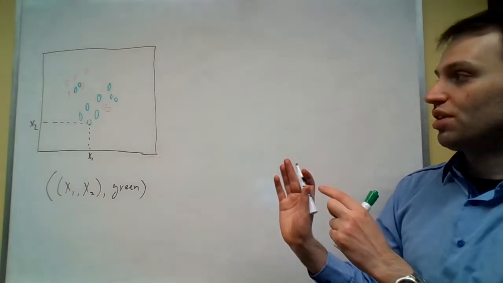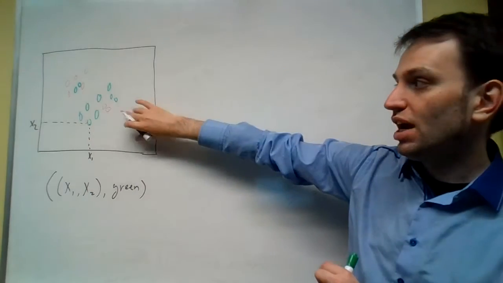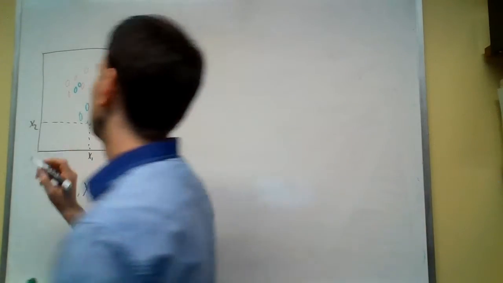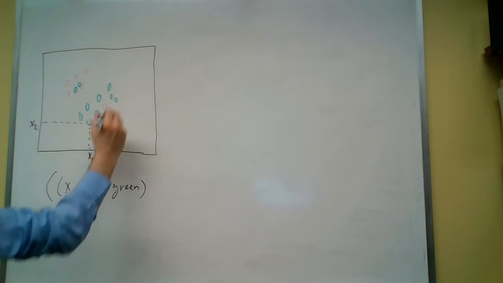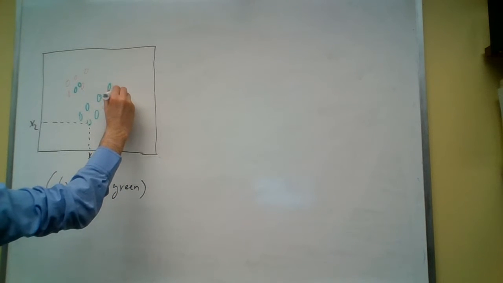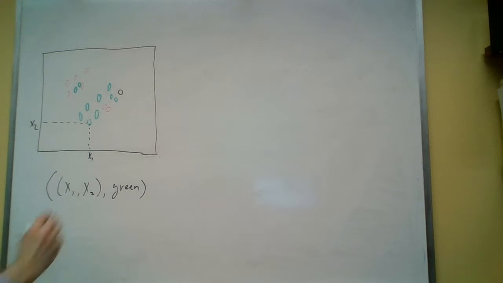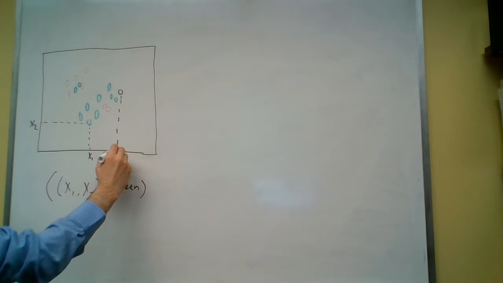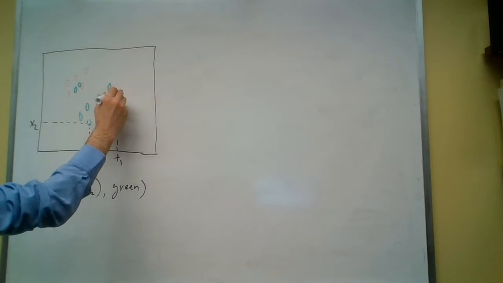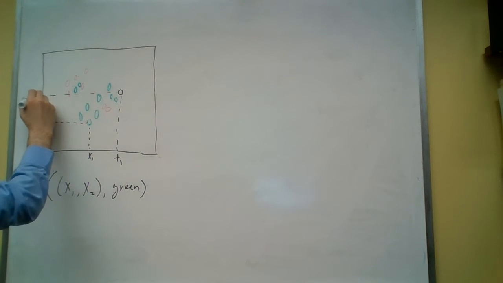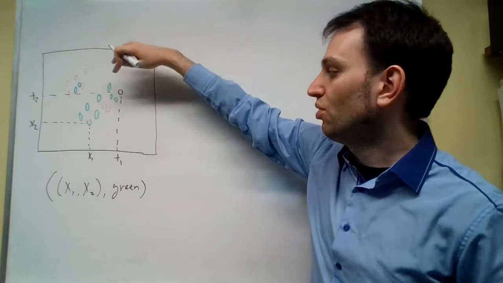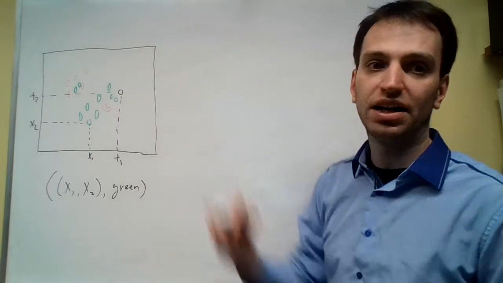Now, what are we trying to do here? We have a training set. Let's say that now we have a test point, and maybe the test point is somewhere over here. This test point also has coordinates, let's say, t1 and t2. So what do we do in order to decide whether this point should be green or pink?